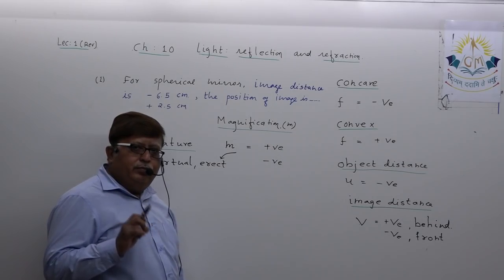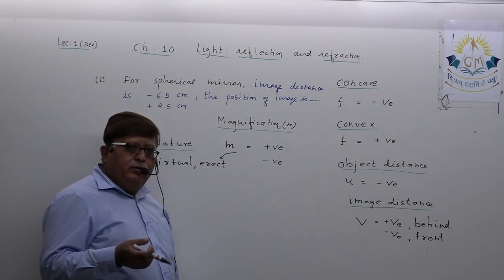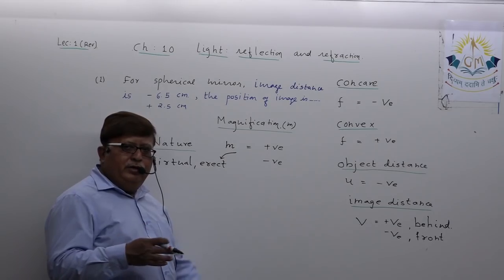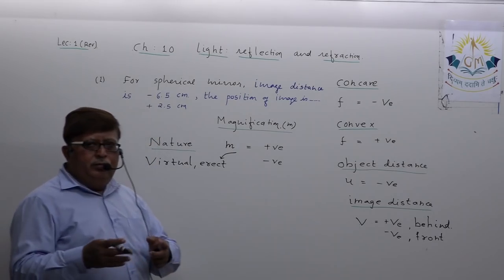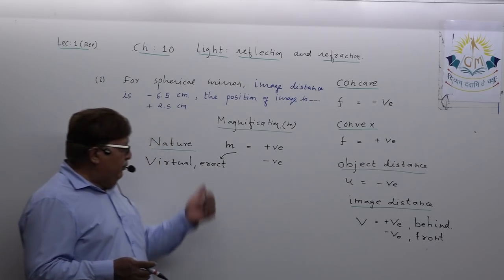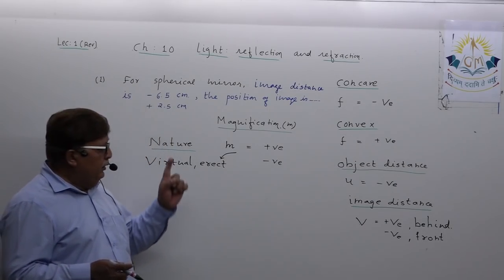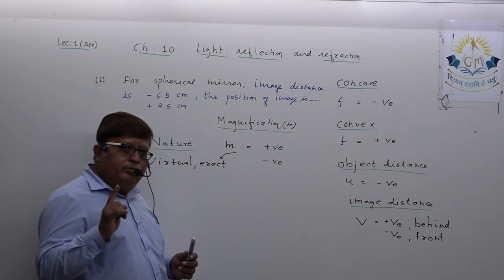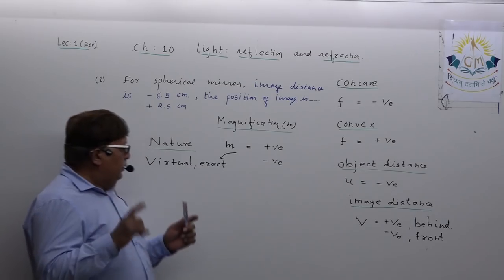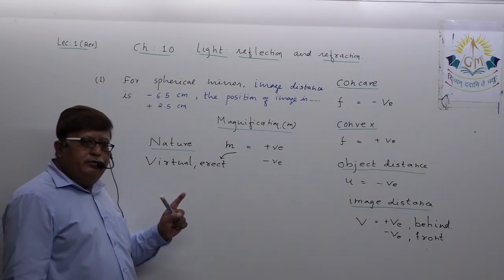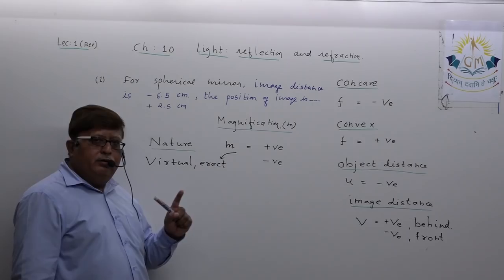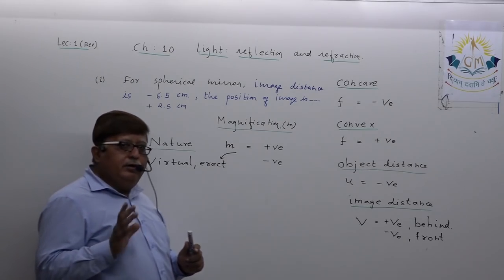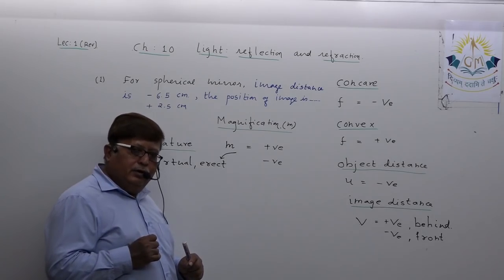If I give it positive and ask what could be the nature of the image, in the options they may give some manipulation, but one is the correct option. Magnification positive means image is virtual and erect. Remember very clearly regarding this. Understood?